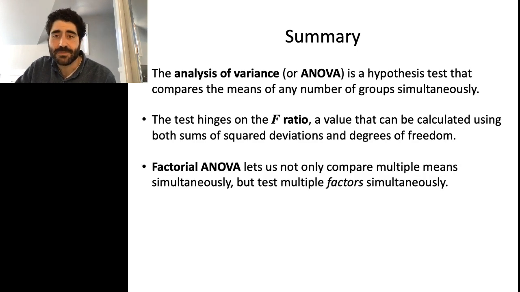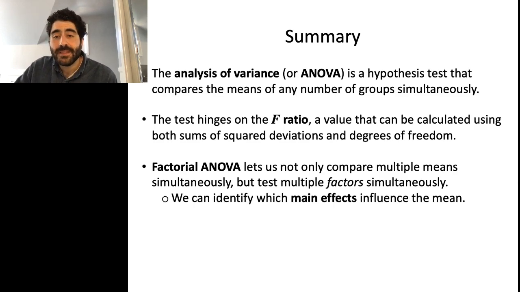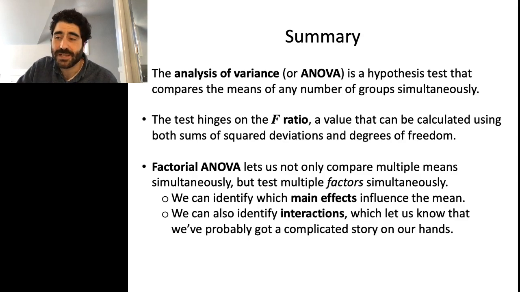We can do this as either a one-way ANOVA, meaning that there's a single grouping variable, or a factorial ANOVA, meaning that there are multiple grouping variables. And with these factorial ANOVAs, there are both main effects of groups as well as interactions, meaning that there's some kind of non-linear, non-additive outcome that's coming from combinations of different factors.